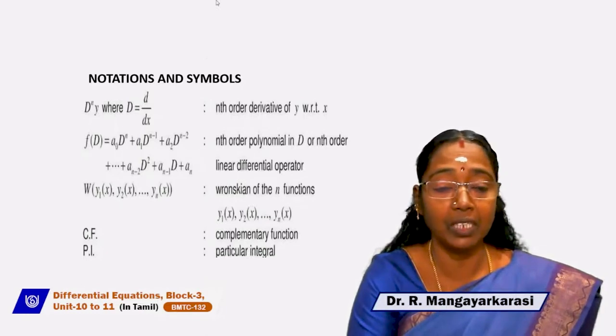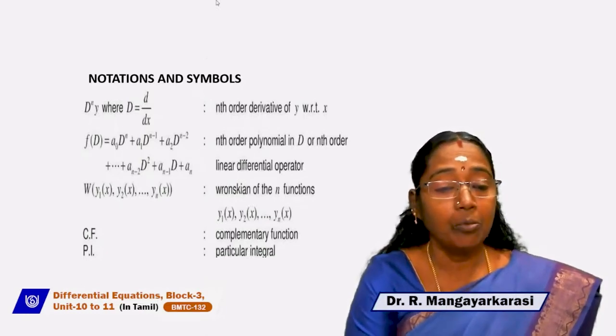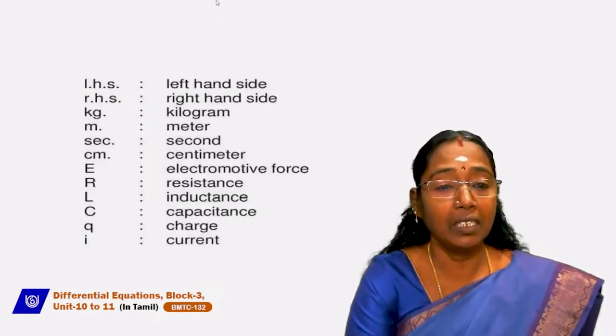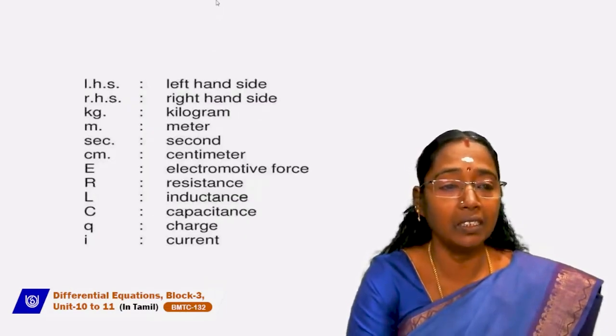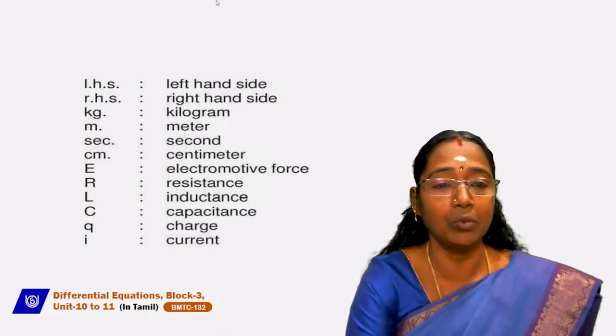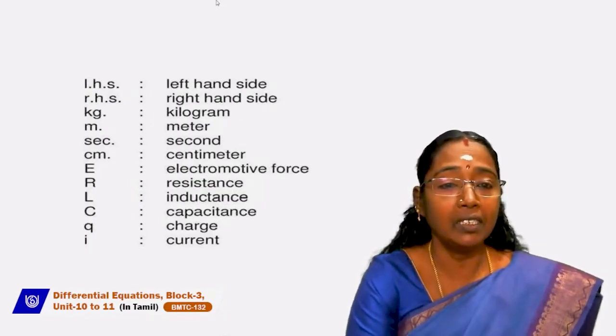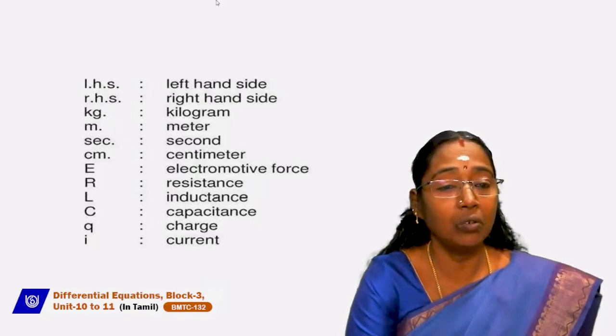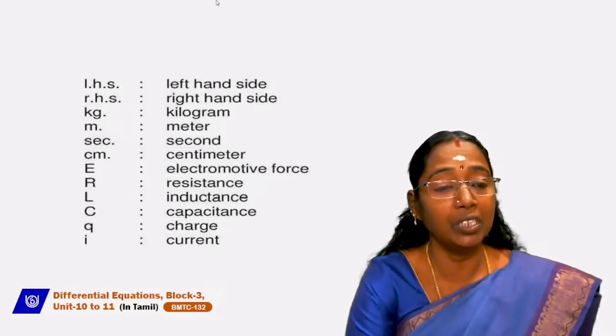C.F. denoted as complementary function. P.I. denoted as a particular integral. So these are all the notation, that is abbreviation we have used in this block 3. LHS left hand side, RHS as right hand side, kg means kilogram, m means meter, s second, and cm centimeter, E means electromotive force.